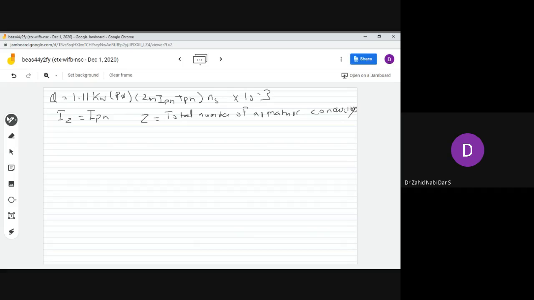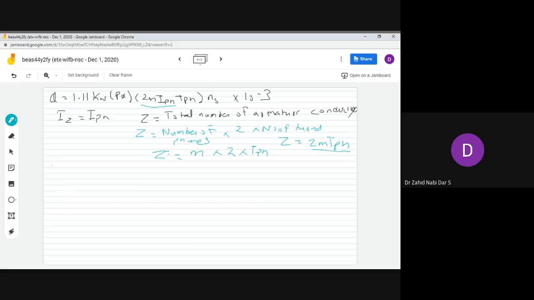I have already told you previously, Z would be equal to number of phases into twice number of turns. If the number of phases is m, and this is 2, and the number of turns is T phase, then Z is equal to 2m T phase. So instead of 2m T phase, we can write Z over here.